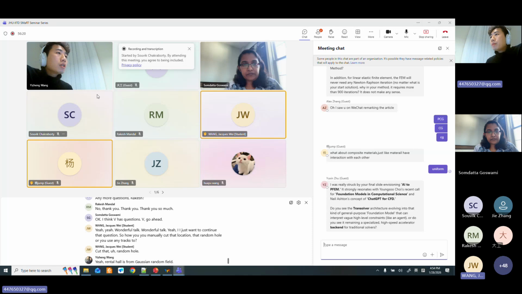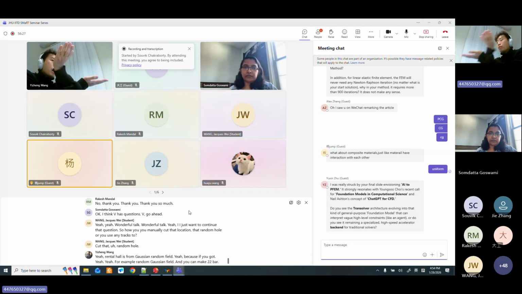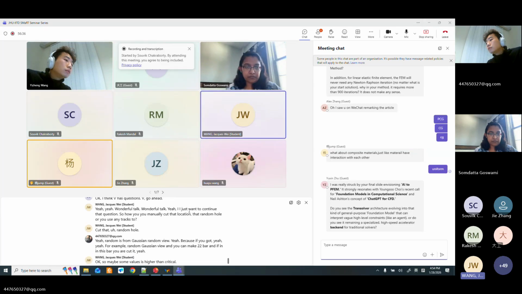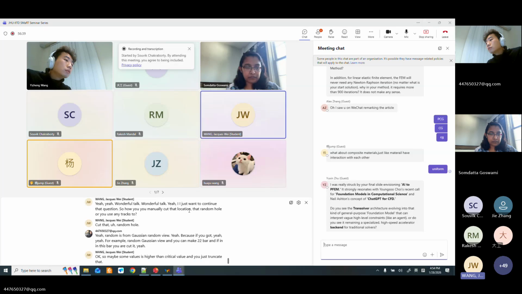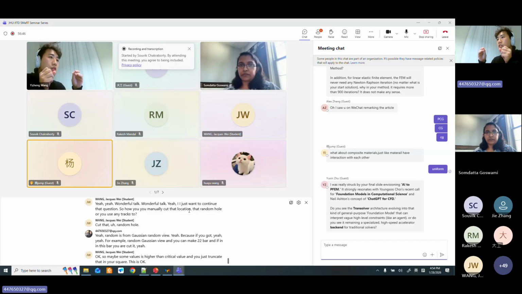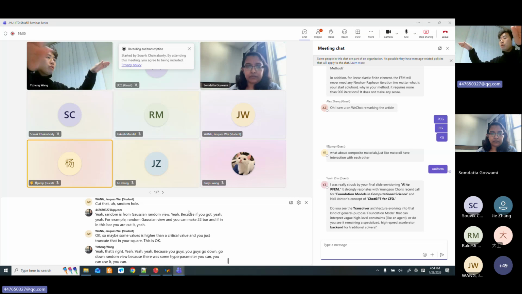For example, you set two values for the Gaussian random field using some hyperparameters, and if a value is higher than a critical value, you truncate it. So you can get this region.